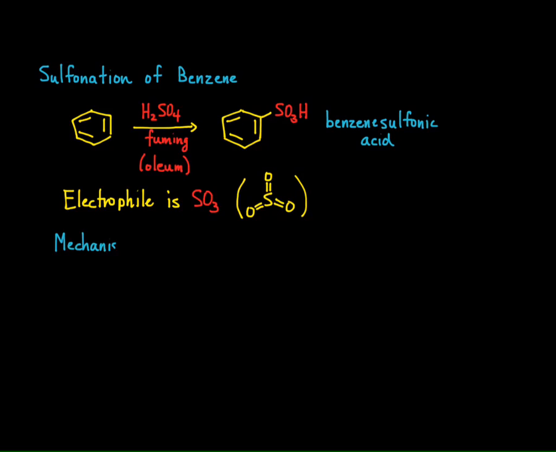And so the mechanism of this is we're going to take benzene and react it with our electrophile, in this case sulfur trioxide, and of course you see that the sulfur has 3 oxygens withdrawing electron density away from that sulfur, so it's taking on a partial positive charge, right? And it's actually very electrophilic. It's seeking out electrons.